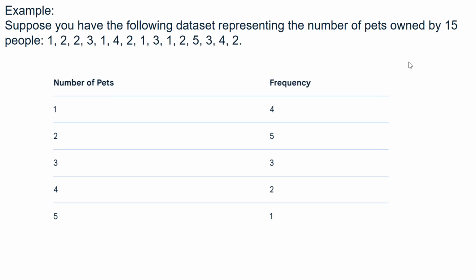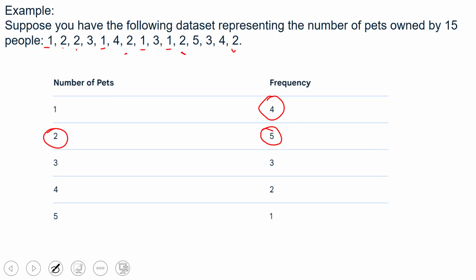From here, we can count how many 1s we have in this data set. As we can see, we have 1, 2, 3, 4. So that is why we have a frequency of 4 here. Then 2 as a data point, we have 1, 2, 3, 4, 5.